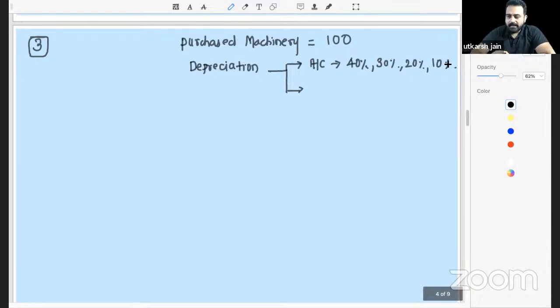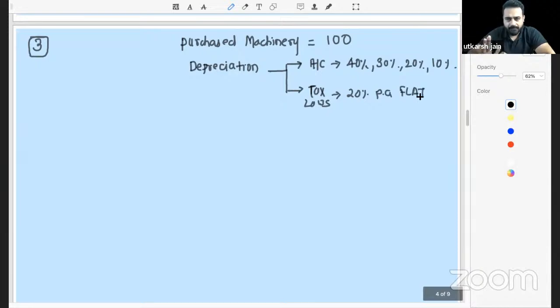70, 90, 100. So the rate at which we are allowed to charge depreciation is different in the books of account. Let us say in the taxation laws, the rate of depreciation on this asset is different, for whatever reason. So let us say the rate of depreciation is 20% per annum flat. Every year we will charge 20% per annum flat.